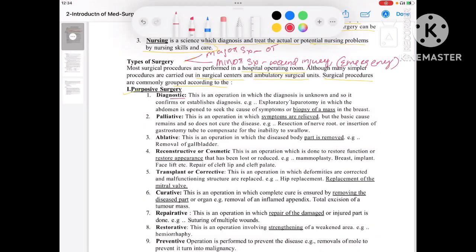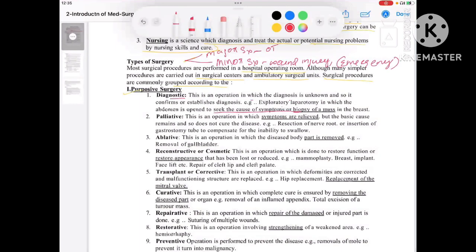diagnostic surgery. This is an operation in which the diagnosis is unknown, so it is confirmed or established. Example, exploratory laparotomy, in which the abdomen is opened to seek the cause of symptoms, or biopsy of a mass in the breast.